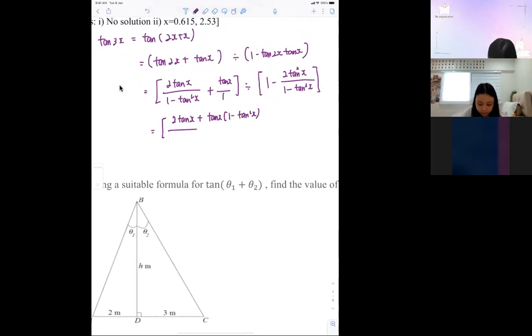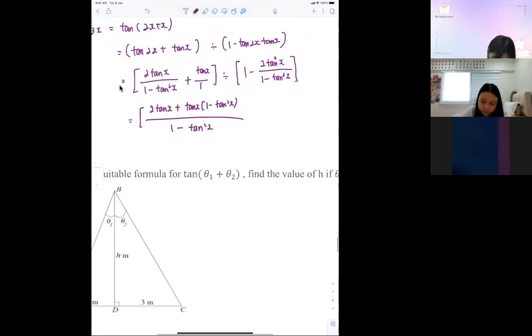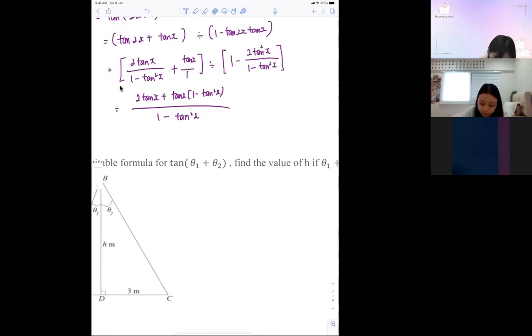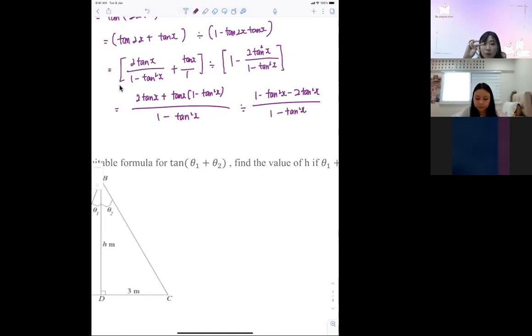I make the denominator the same. Actually the bracket is optional, don't need to draw already. So same thing here, 1 minus tangent square x minus 2 tangent square x over 1 minus tangent square x. Divide now can change to times. You can flip. While I'm flipping, I simplify as well, okay?